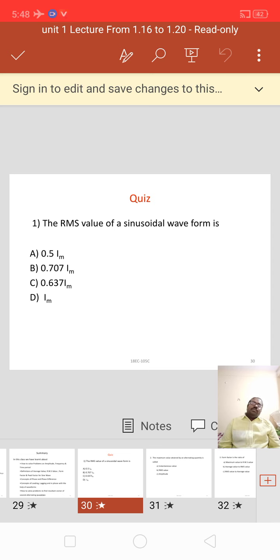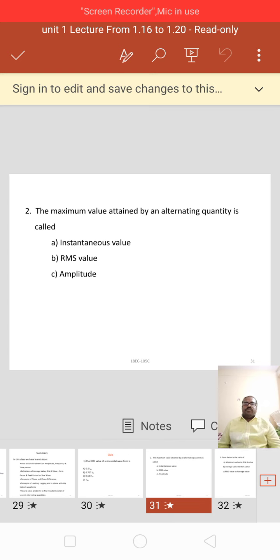Okay. Second: the maximum value attained by an alternating quantity is called A instantaneous value, B RMS value, C amplitude. The answer is amplitude.